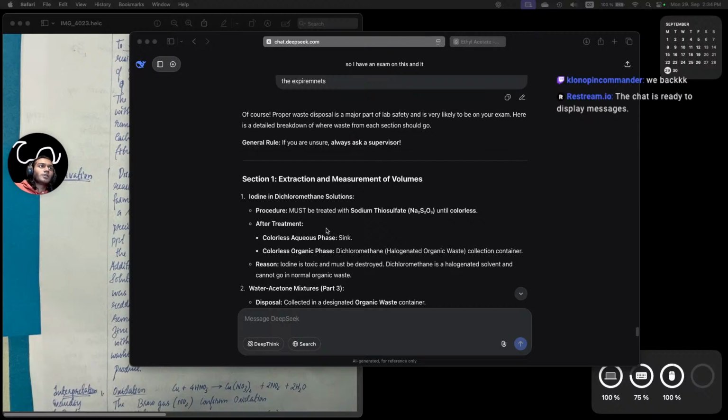Iodine in dichloromethane solution must be treated with sodium thiosulfate until colorless.